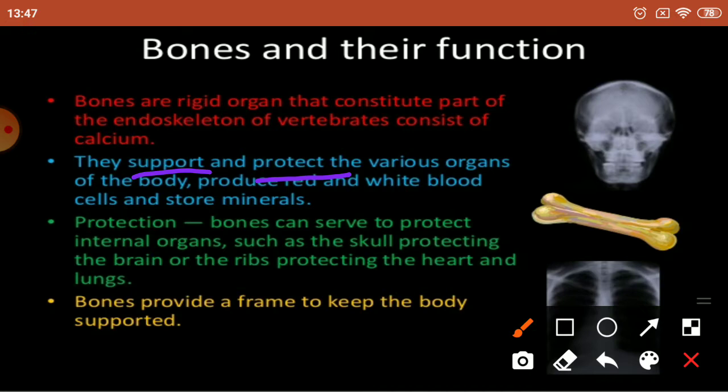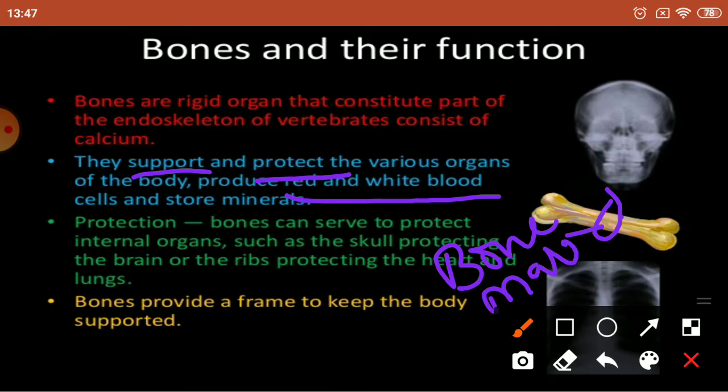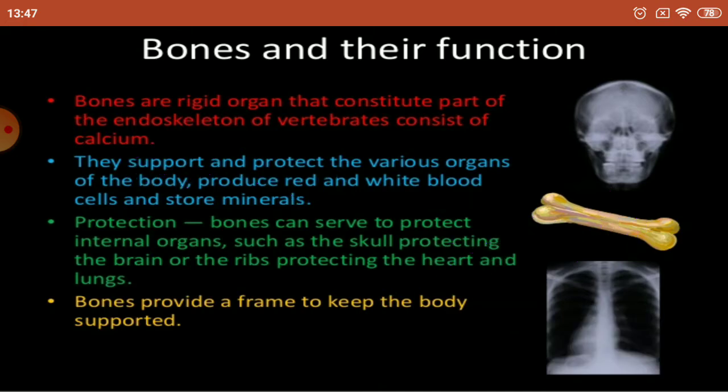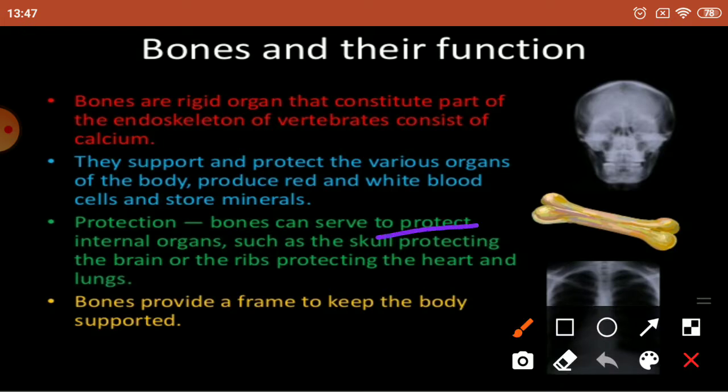Even these bones are helpful in the production of RBC and WBC, because the center part of this bone is called bone marrow. In this bone marrow, RBC production takes place. So a bone is not only giving support, it is even helpful in the production of RBC and WBC. And as I said, it is giving protection.